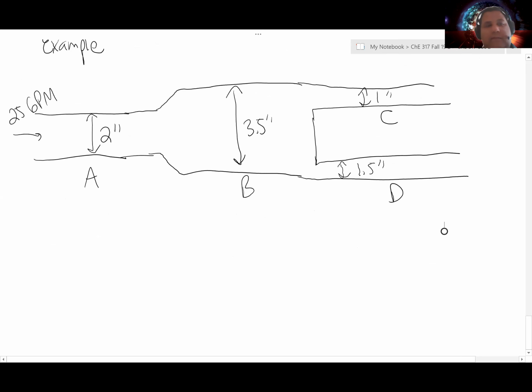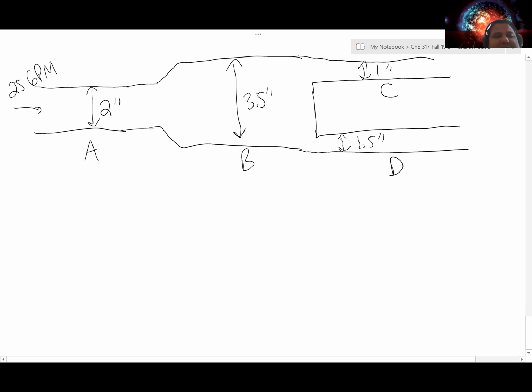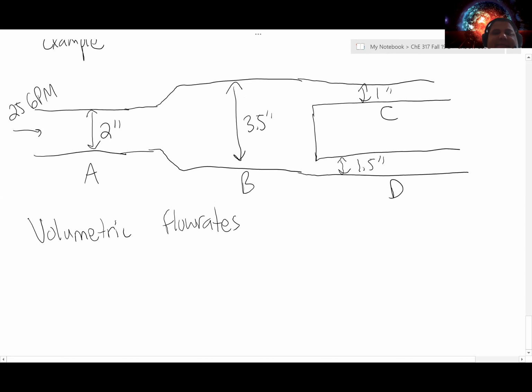So, do you guys want to look at velocities or flow rates first? I'll let you all help me decide. Flow rates? Okay. So for simplicity, we can just look at volumetric flow rates. Since we're looking at incompressible flow, it's going to have the same dependence as in mass flow rates.